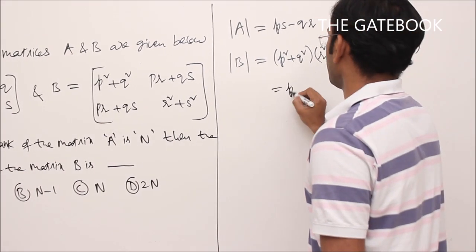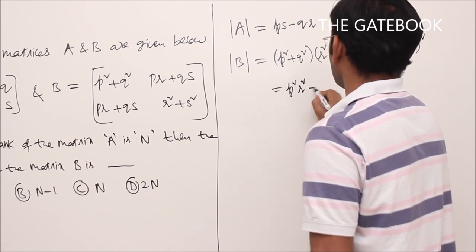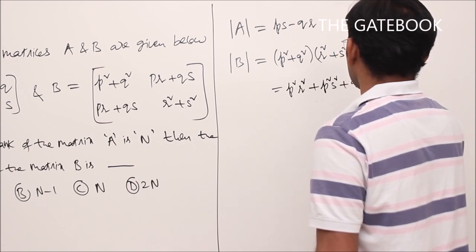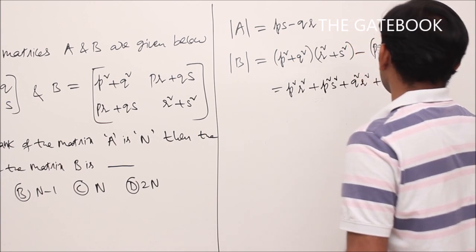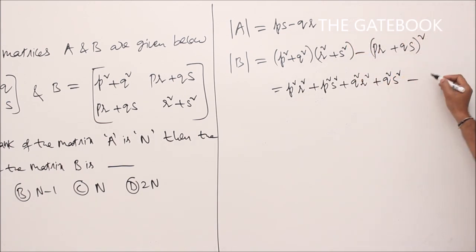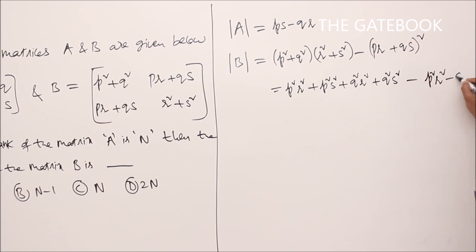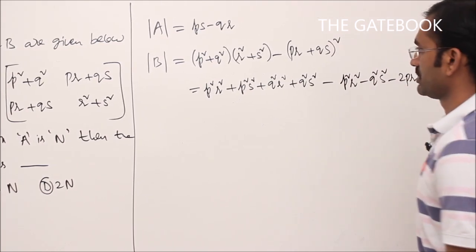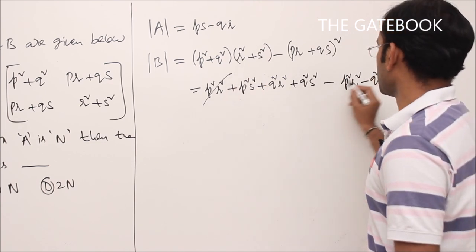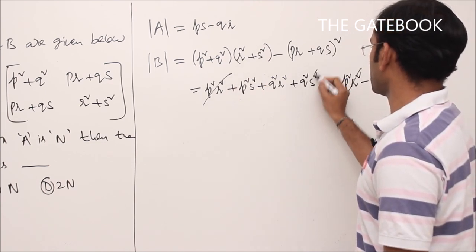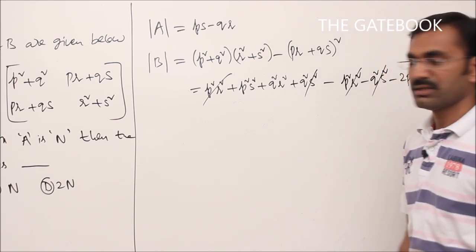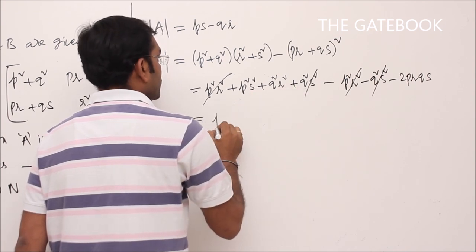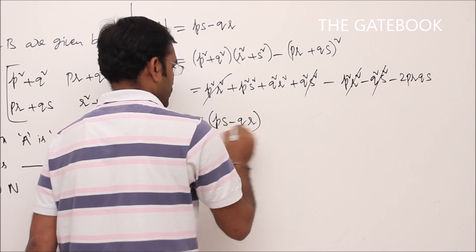So that is equal to P square R square plus P square S square plus Q square R square plus Q square S square, minus the expansion of (PR plus QS) whole square using (A plus B) whole square, which gives P square R square plus Q square S square plus 2 PR QS. Now P square R square minus P square R square, and Q square S square minus Q square S square will get cancelled. Now we can add the remaining 3 terms like this, PS minus QR whole square.